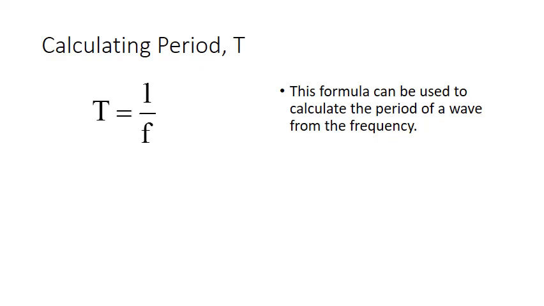You can use the relationship T, period, is 1 divided by frequency to work out the period of a wave. And that's what we did previously. We said the frequency was 2, so the period is 1 divided by 2, 0.5 seconds.